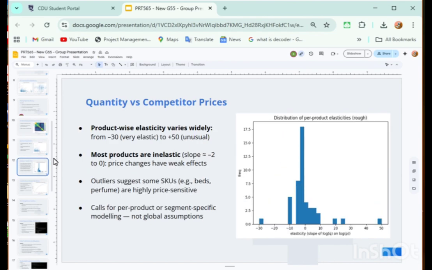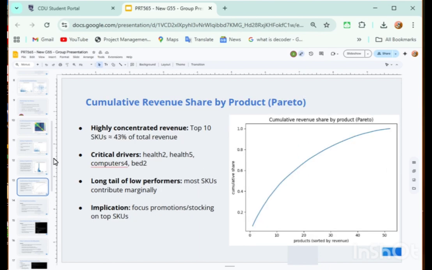In this slide, we found huge variation in sensitivity, with most products clustered between -2 and +2. This result was a big flag for us. It cautions against using a single global elasticity assumption. Instead, it strongly supported our plan to model demand at a more granular, product or category specific level.